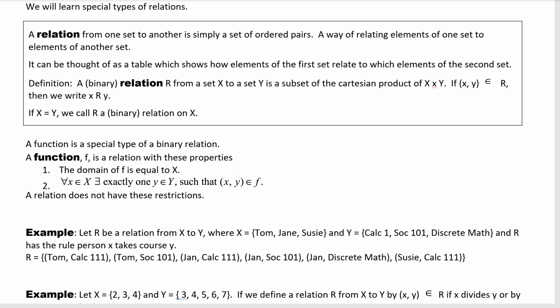Actually, for the first property, we say that f is defined for all x in X, so f(x) gets mapped to some element of Y. And for the second, each element of X maps to exactly one element of Y. Then we can say f is well defined.